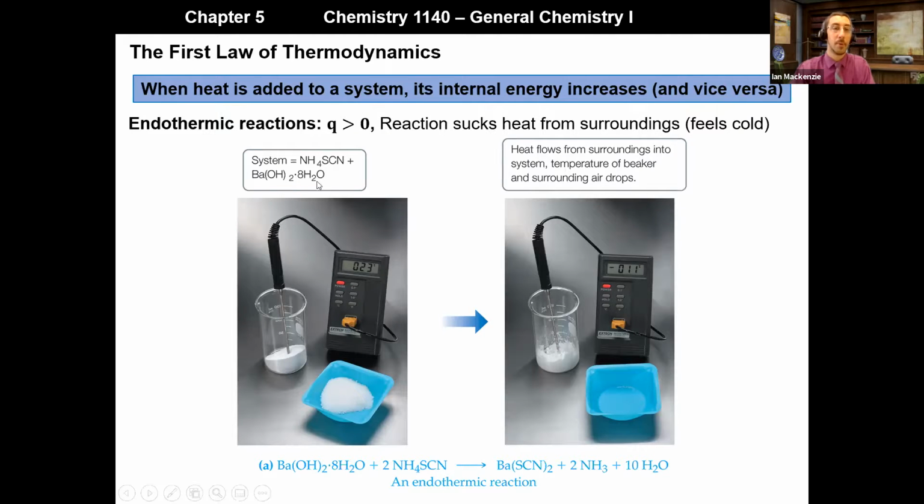If you mix ammonium thiocyanate with barium hydroxide, we start out initially at 23 degrees Celsius, and then as we mix them and have a chemical reaction, heat flows from the surroundings, from the thermocouple, into the reaction, and so that causes the thermocouple to cool down, and we have a change in temperature. Whenever we measure temperature, we're really measuring the temperature of the surroundings, not of the actual chemical reaction itself.